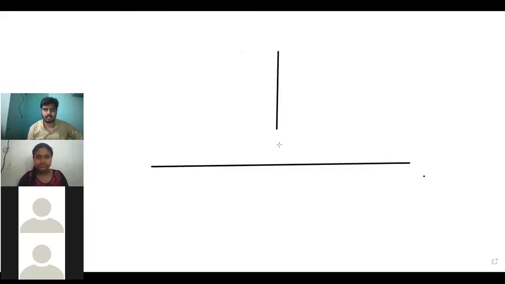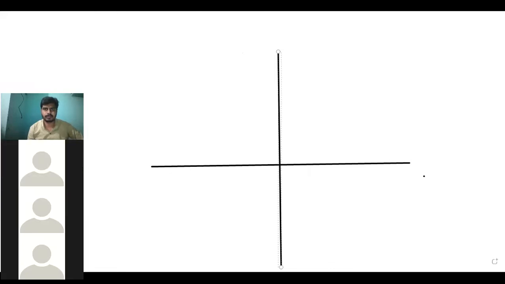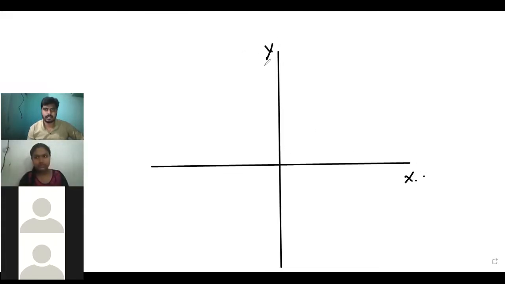Already we know this, right? We learned in linear equations in two variables also. We have seen this type of x and y axis. So here, this is x-axis, this is y-axis, and this is x dash, and this is y dash. So dash represents the negative side.